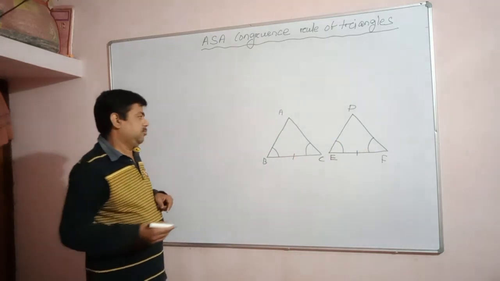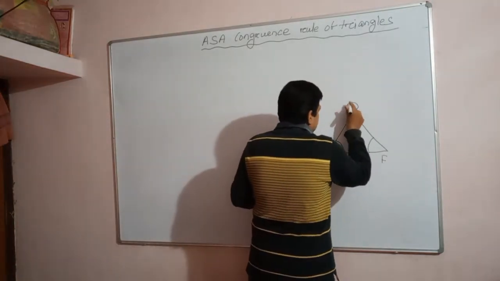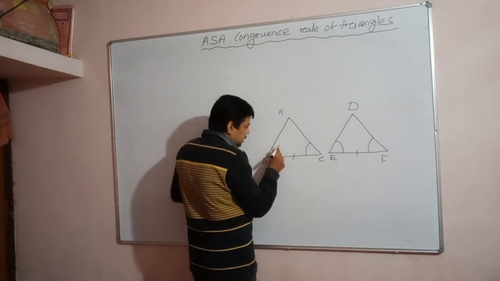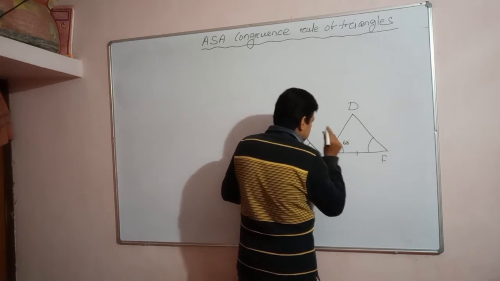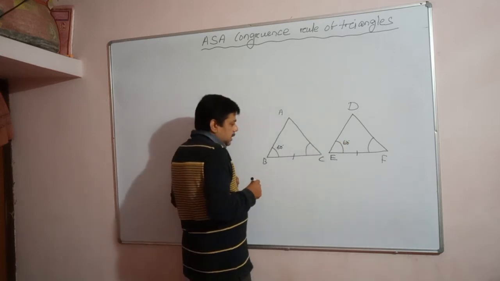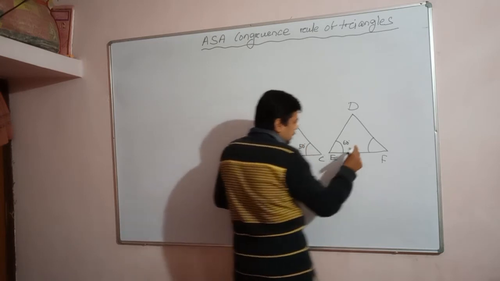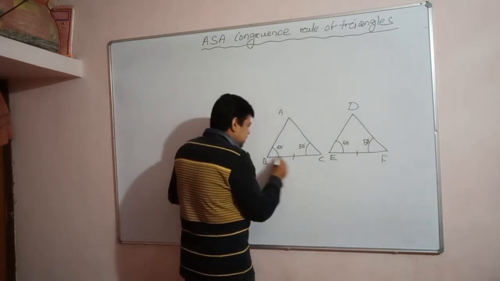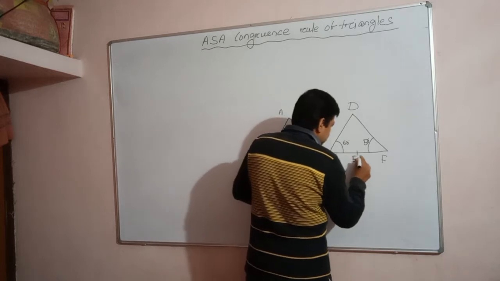triangle DEF. Okay. It means, and it is saying that the B angle, suppose it is 60 degree and E angle also 60 degree. Okay. And if C angle is 50 degree and F angle is also 50 degree. And BC side suppose 5 centimeter and EF is also 5 centimeter.